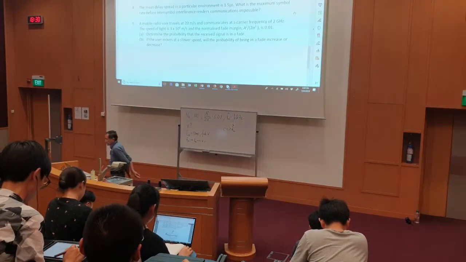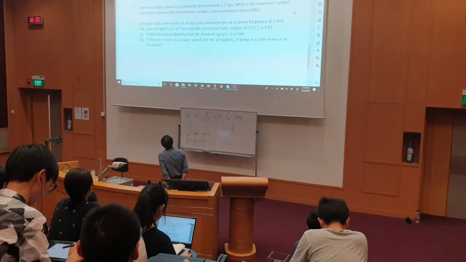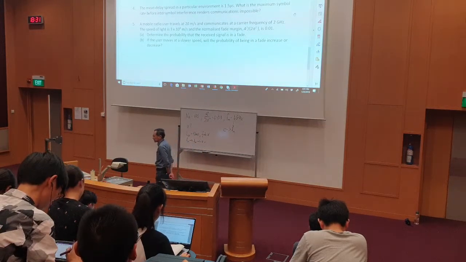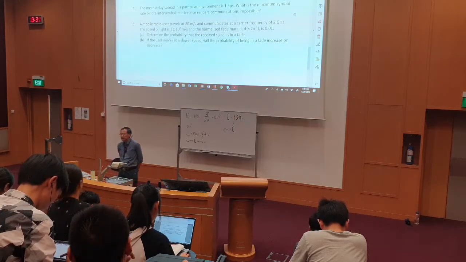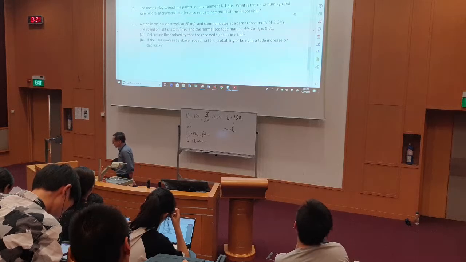Okay, this is about delay spread. The mean delay spread in a particular environment is 1.5 microseconds. What is the maximum symbol rate before inter-symbol interference renders communication impossible?